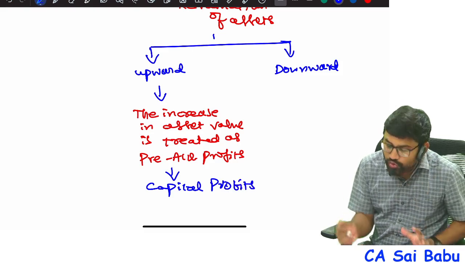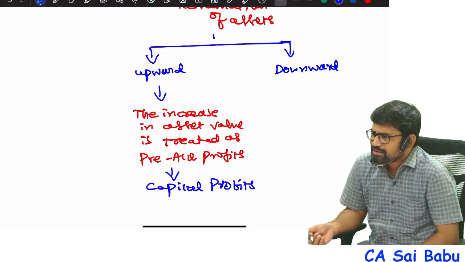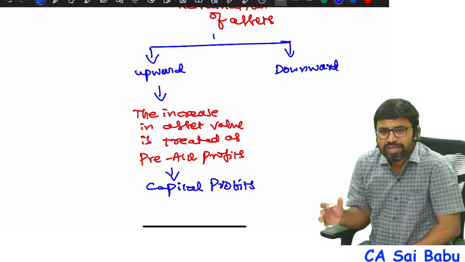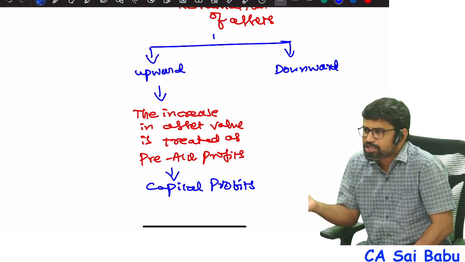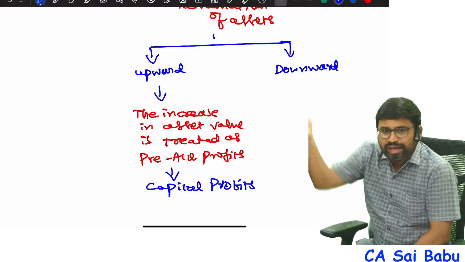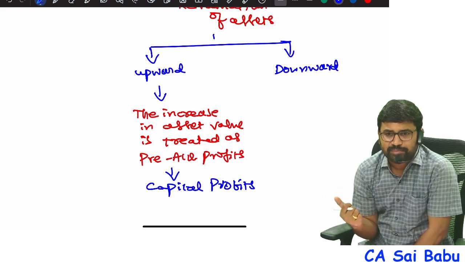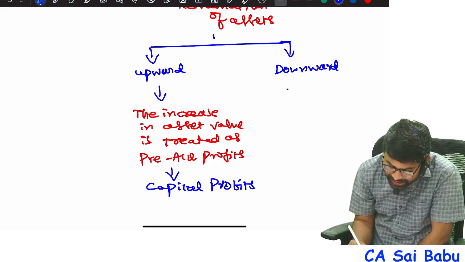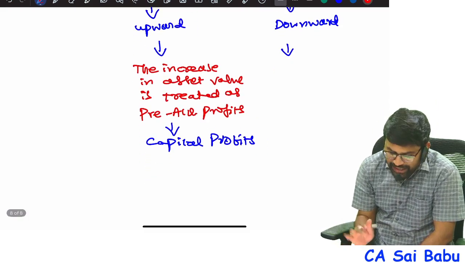Sir, downward revaluation may also happen. Parent company decreases the asset value of subsidiary company. Possible. Maybe in the subsidiary company any asset is overvalued. Now parent company decreases the asset value of subsidiary company. Downward revaluation. If there is a downward revaluation, same treatment.